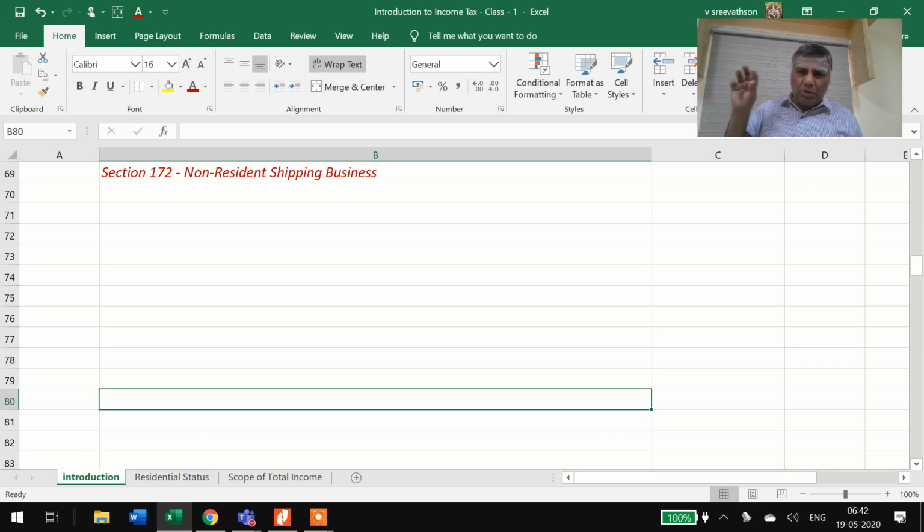A ship belonging to a non-resident, as of now understand foreigner, or a foreign company comes there. Understand the case? A ship belonging to a foreign person comes to an Indian port.